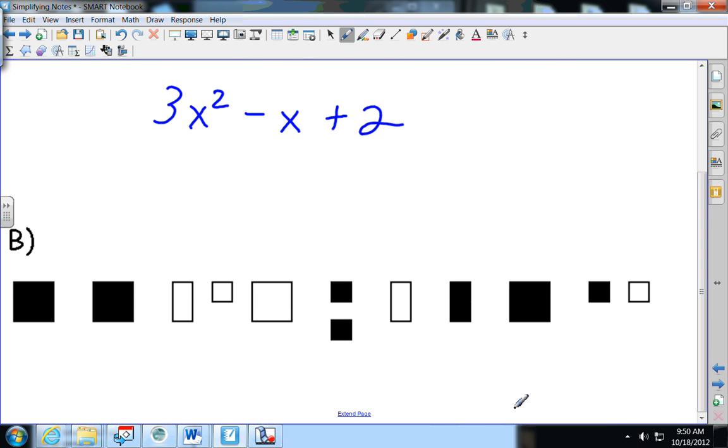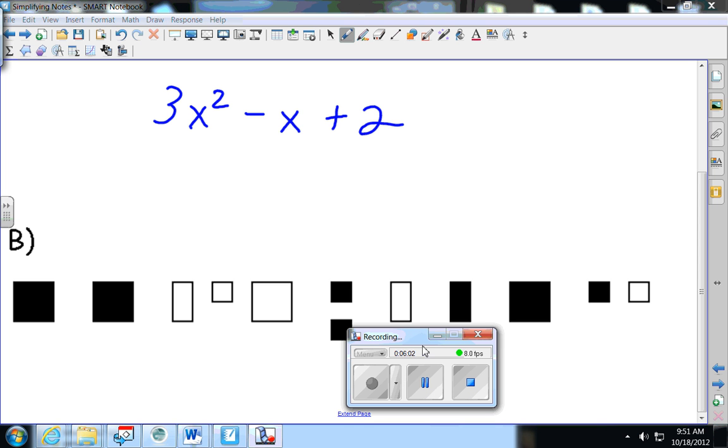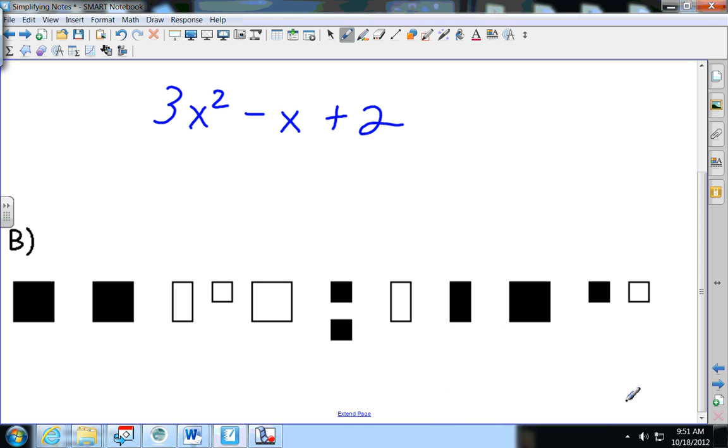Down here on letter B, take a minute and try to eliminate your zero pairs and write what remains, please. For this one, I've got a positive x squared, and it can take away a negative x squared. I see over here a positive unit and a negative unit. I see right here a positive x and a negative x.